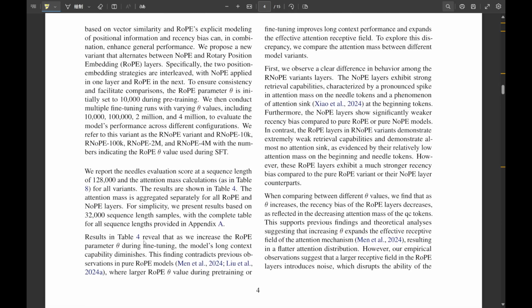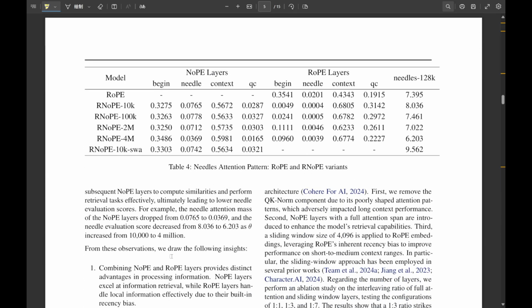But how they distributed the rest of their attention was really different. Their attention styles varied significantly. Okay, like how? What did NOPE do? NOPE layers actually showed the highest attention mass directly on the needle tokens themselves. This suggests it has strong, raw retrieval capabilities, focusing tightly on the target information. They also showed this strong attention sink effect.